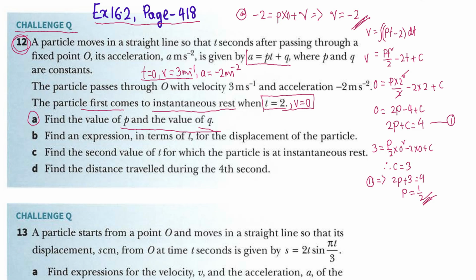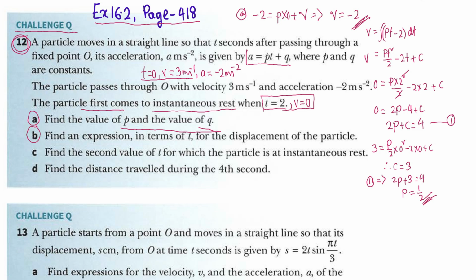Now we are going to move to the second part, part B: find an expression in terms of t for the displacement of the particle. So we have to integrate the velocity again to get the displacement.